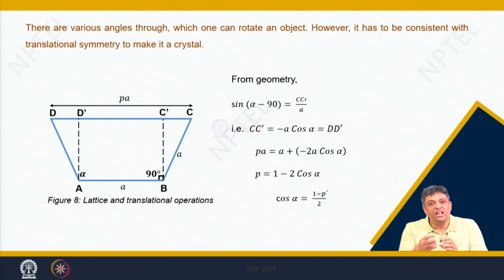And that is why translational symmetry means moving from one point to the other, as we cannot differentiate between the unit cells. Therefore, the environments should remain the same, and that is why translational symmetry is so critical. I hope the concept why translational symmetry must be maintained is clear now.